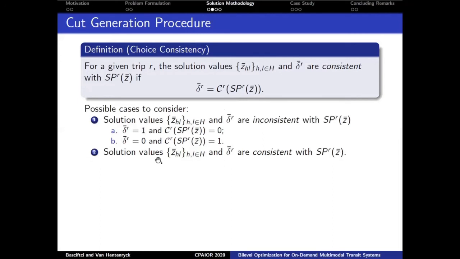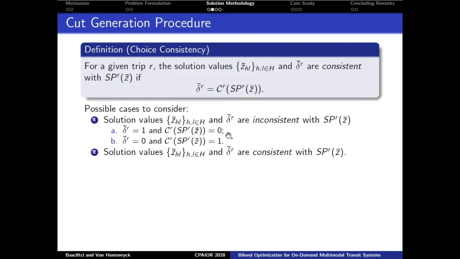So if we are in case 2, meaning that these values are consistent, then we do not need to add any cuts. However, for case 1, it means that we need to add cuts for each inconsistency case, where the first case, case 1a, represents the case that the master problem gives a solution where the choice is 1. However, the choice function returns the value 0.